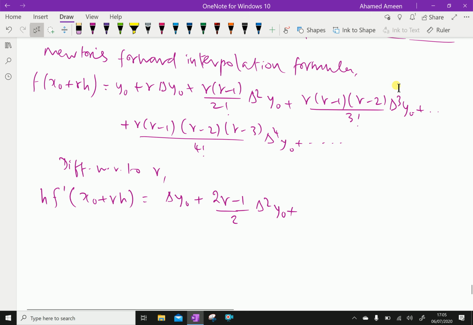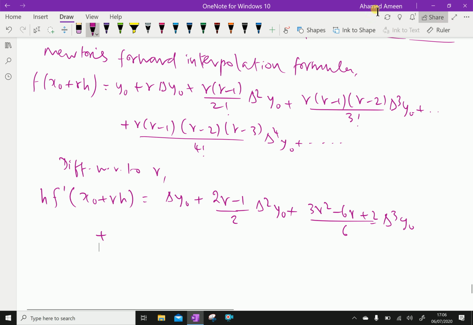After simplification and derivative, we get 3r squared minus 6r plus 2 over 6, since 3 factorial is 6, delta cube y0.